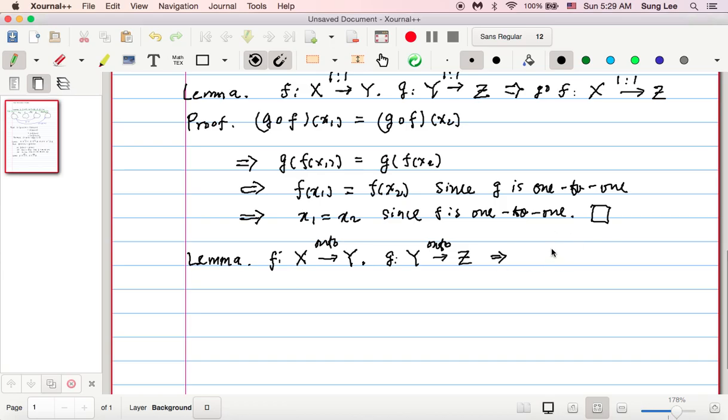So this implies that the composite function f followed by g is going to be also onto. Okay? Proof.